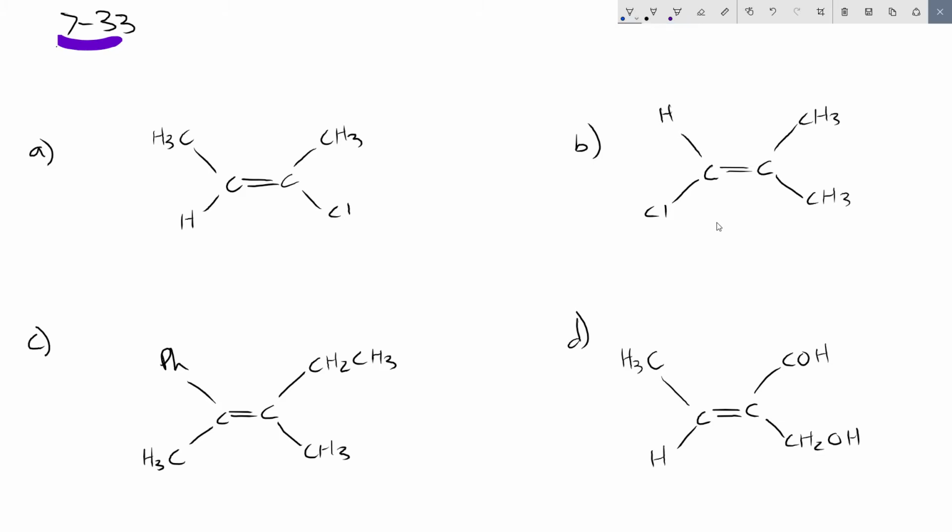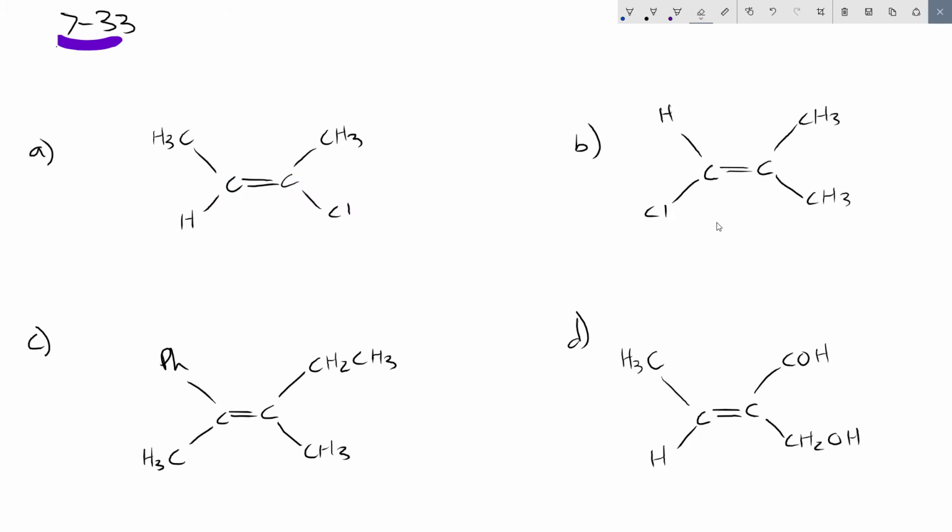So let's go ahead and start this. The first thing you want to do when you get some sort of alkene where you want to label E and Z is draw a straight line down your double bond. Right? Okay. So at that point, you want to compare the two.